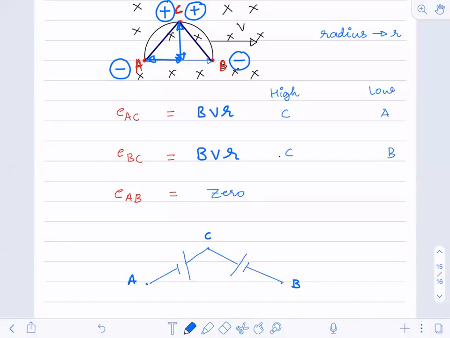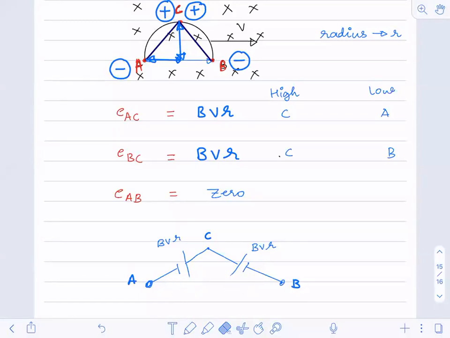Understood? Now, what is the EMF over here? EMF over here is BVR. Here also it is BVR. Suppose this was 2 volt and this was also 2 volt. So the net potential across AB is what? 0 only. Are the batteries connected to support each other or to oppose each other?